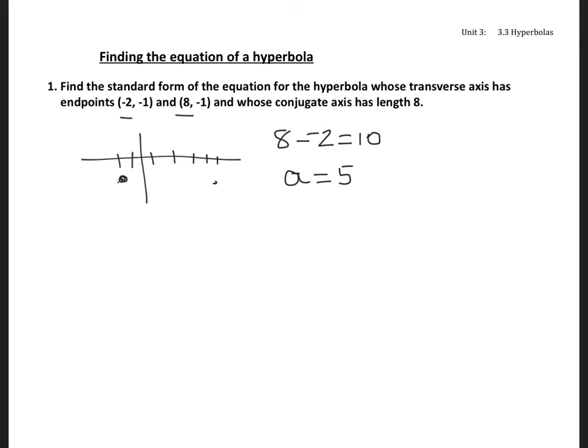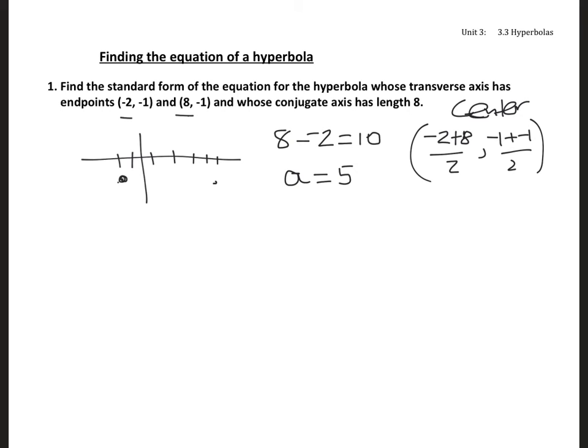I can also get the center by finding the midpoint. So I take -2 plus 8 divided by 2, and then -1 plus -1 divided by 2. So here I'm looking for the center.